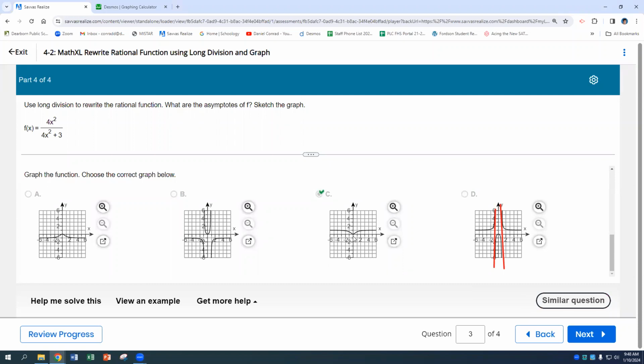Right, and that makes sense because you can't have a negative value. All right, good. Let's go to the next one.